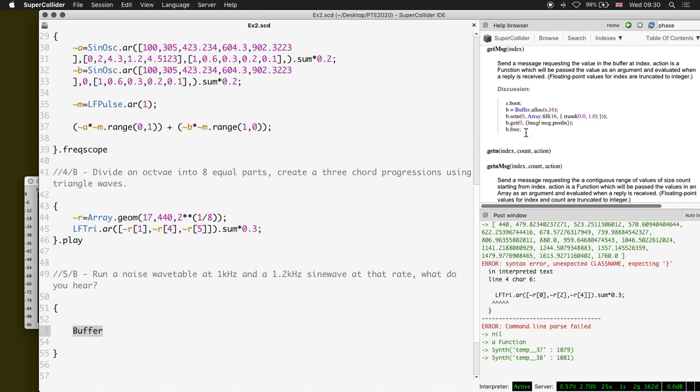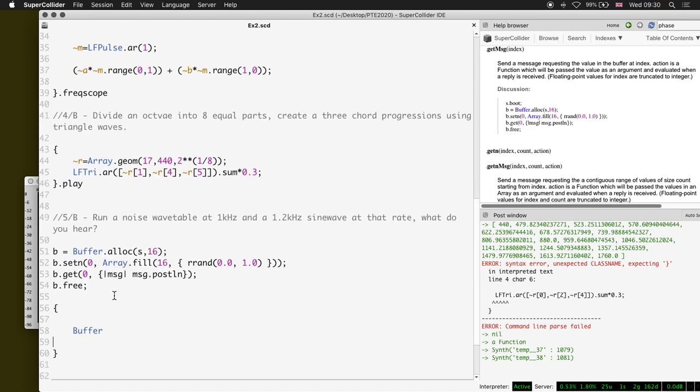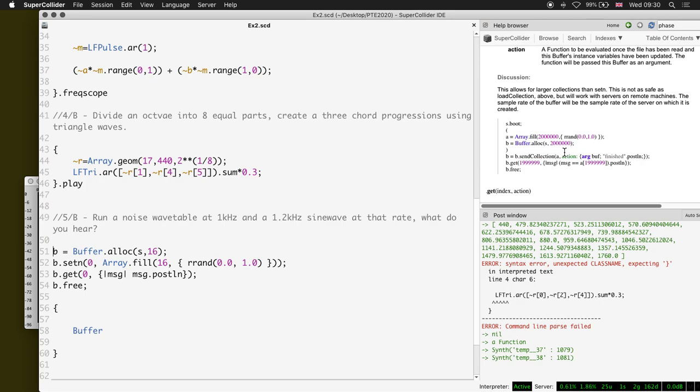Great. So here is a way to fill a buffer with an array of numbers. Okay, so let's try that. So we want to run a noise wavetable at 1 kilohertz. So we're potentially gonna get into trouble there. I think there was another one. There's this array fill. This one actually fills it with noise. Send collection.